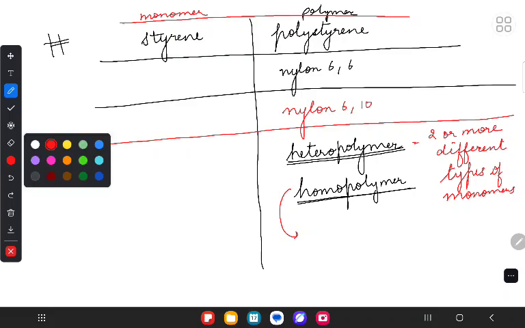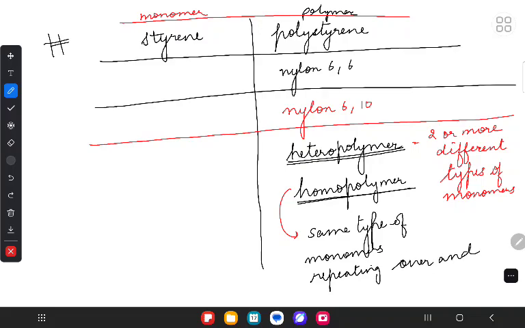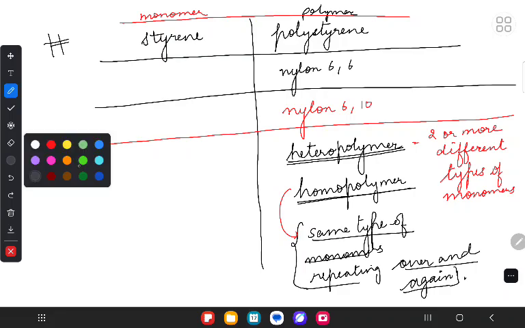Homopolymers have the same type of monomers repeating over and again. Are we understanding?